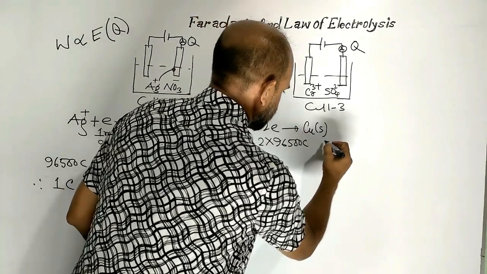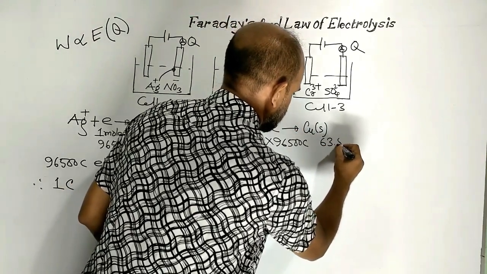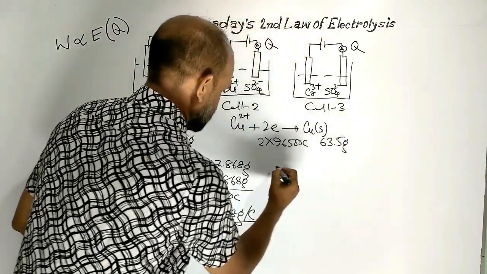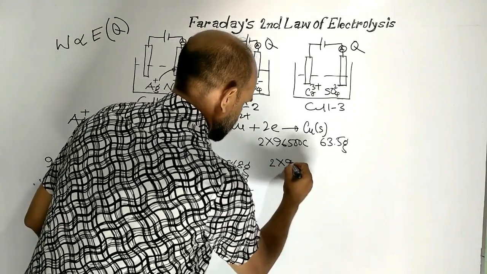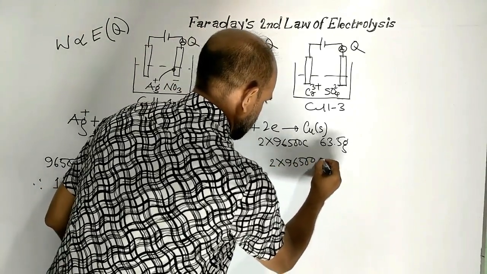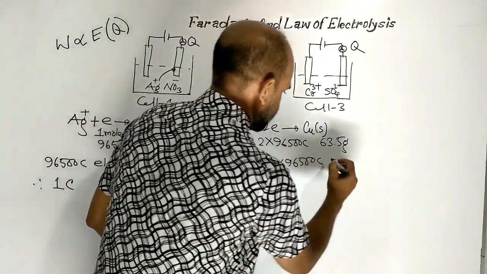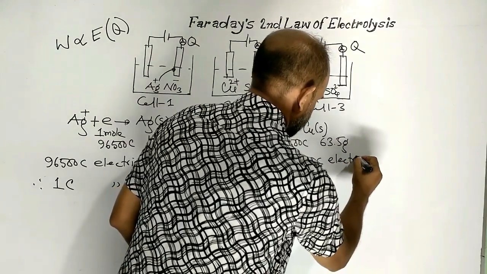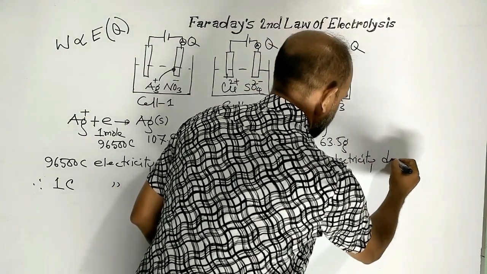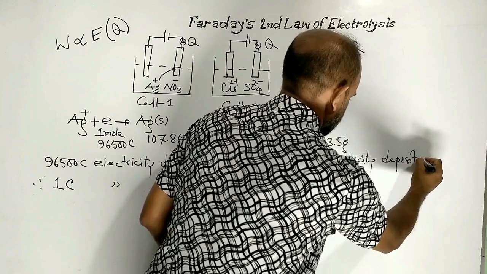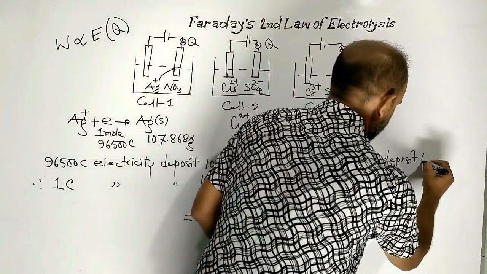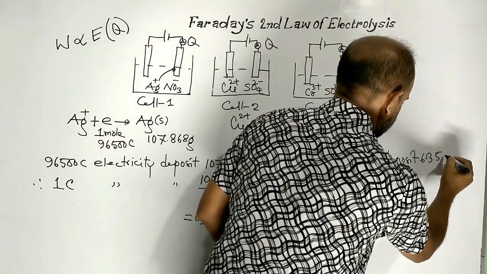And gram atomic mass of copper. Now, this coulomb of electricity deposits 63.5 gram of copper.